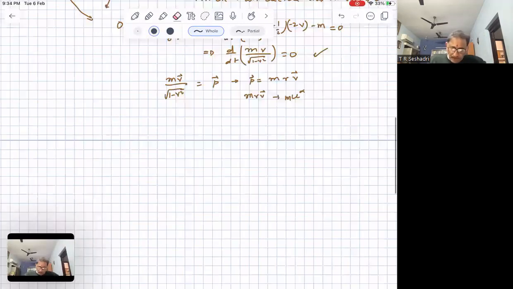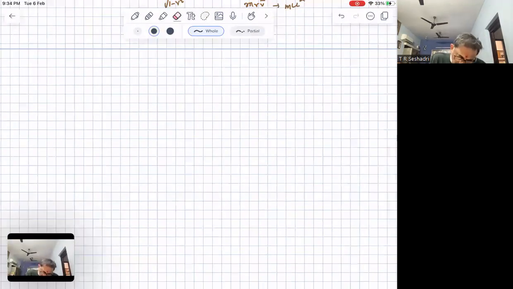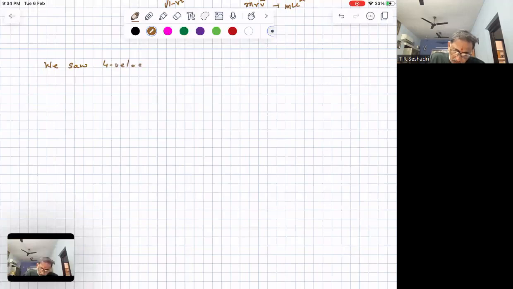Okay. So we saw four velocity, we had four acceleration. This was u_i, this was v_i. We have similarly four momentum, this one.